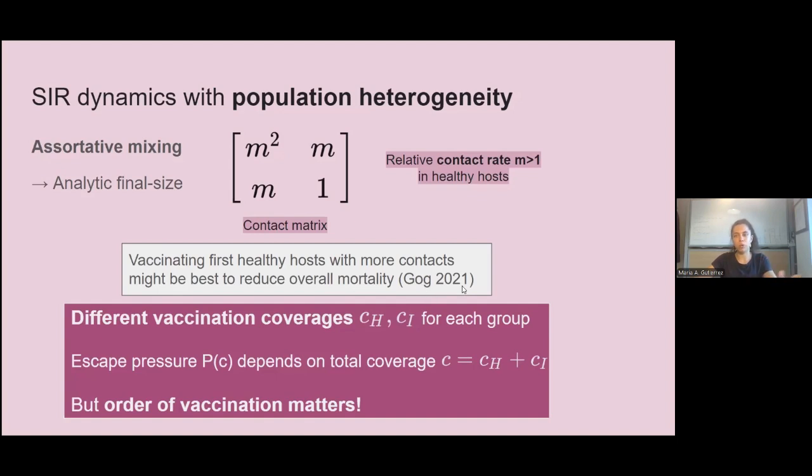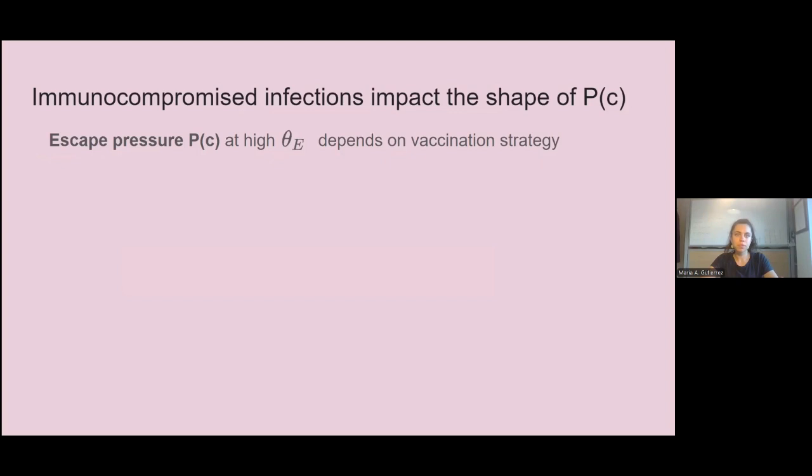And yeah, we showed this in that paper. So I want to compare the 2 vaccination strategies and see what their effect is on escape pressure. I'm not showing here the actual mathematical model or the solving of it, but still we can have a final size solution for the epidemic wave, having the population split in different groups.